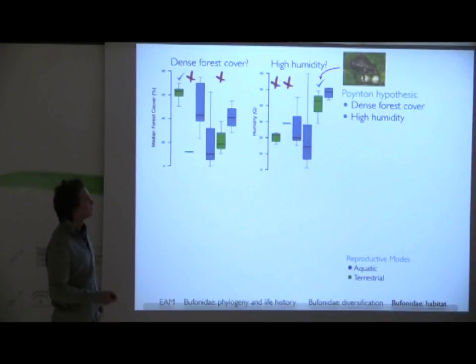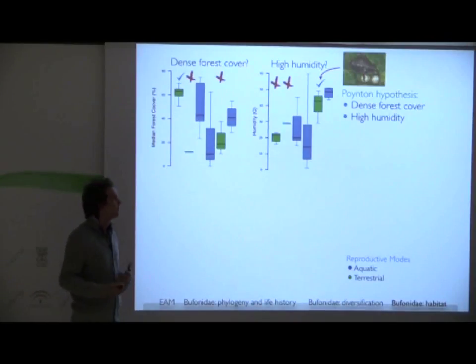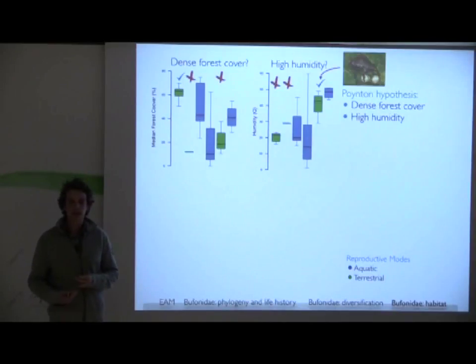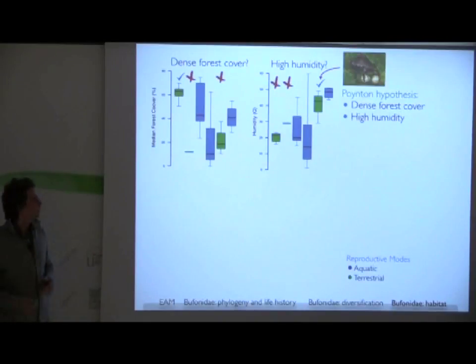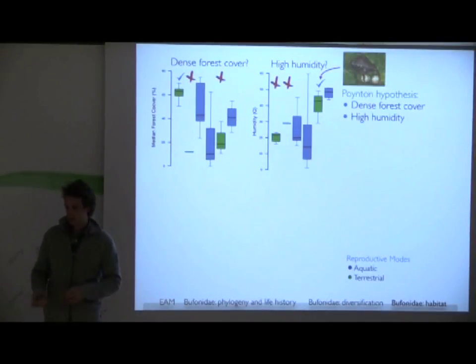So that's interesting because Poynton did suggest that the reason why you need this dense undergrowth is to prevent the desiccation of eggs. And that wouldn't really be a problem for viviparous species that carry the young inside the reproductive tract of the female. So intuitively, that makes sense. But we still don't have a clear separation from aquatic reproductive modes.